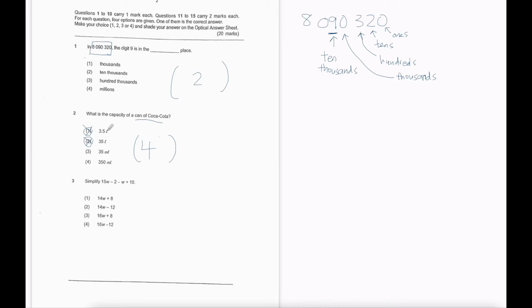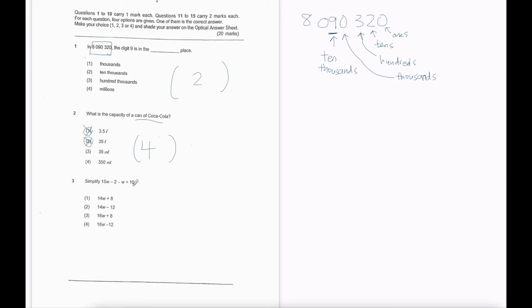You know the big Coca-Cola bottles? It's 1.5 liter. So you think about it, 3.5 liter is probably about 2 bottles plus 1 can of it. So anyway, questions like that really test a lot on your life skills, I guess, and how much you are exposed to general knowledge.